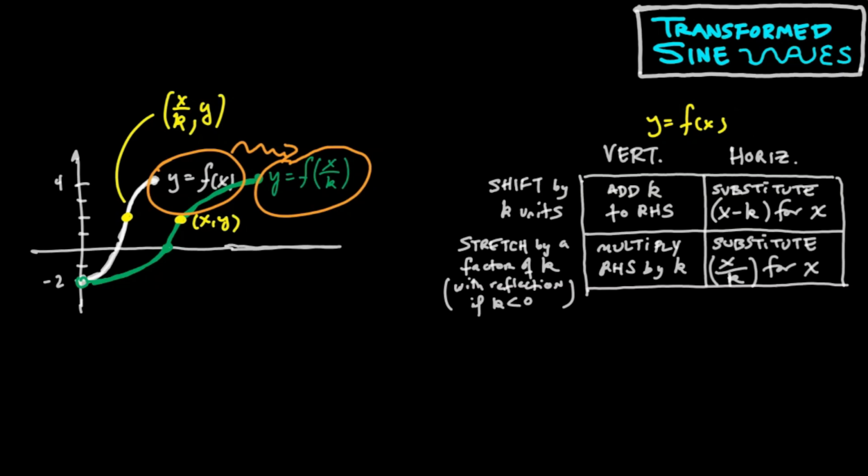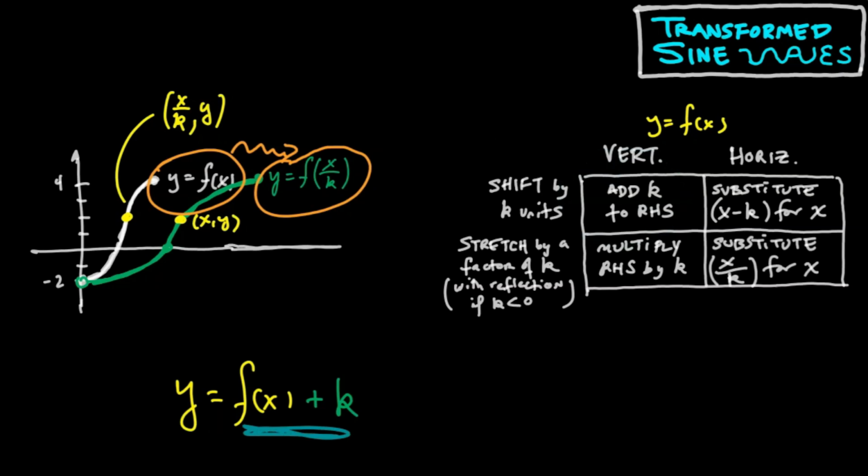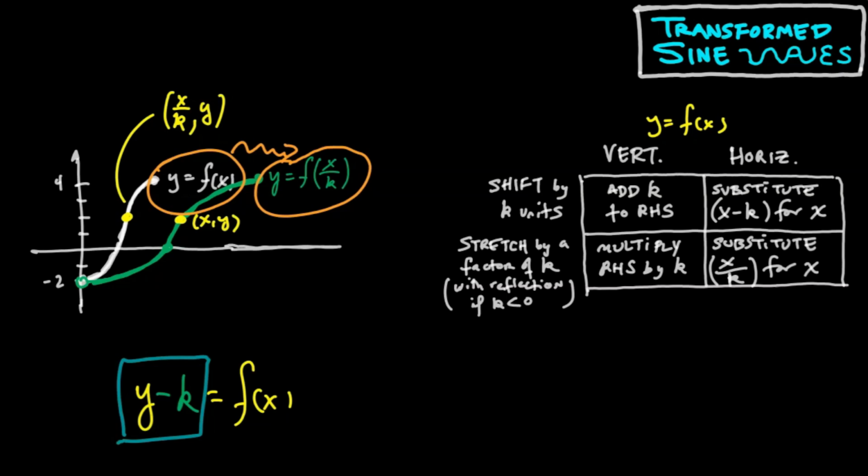In fact, I will mention very quickly that there is a symmetry here if you look in a more general sense. If I started with y equals f of x, when I add k to the right-hand side, that is equivalent to subtracting k from the left-hand side, which itself is equivalent to substituting y minus k for y.